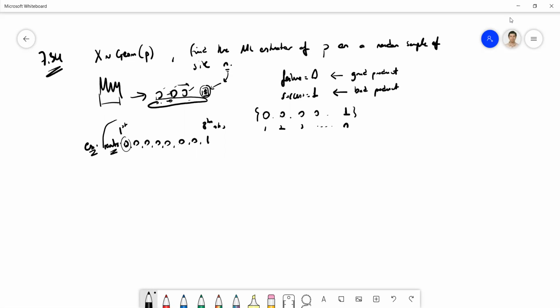Therefore, this whole thing, without curly brackets or with curly brackets, however you denote it, is going to be our sample: 7 zeros led by 1 here at the end. This is going to be our sample consisting of 8 observations.